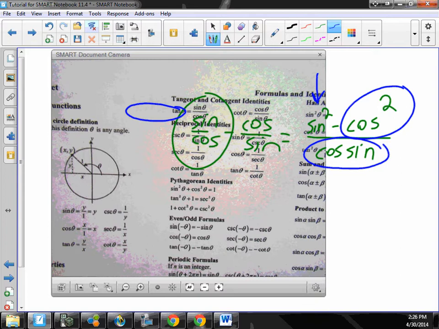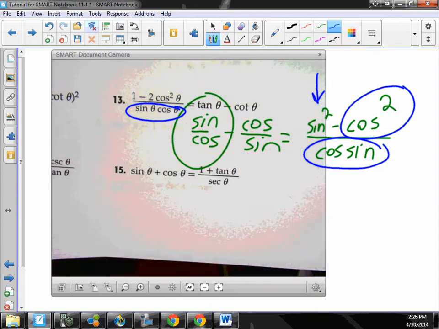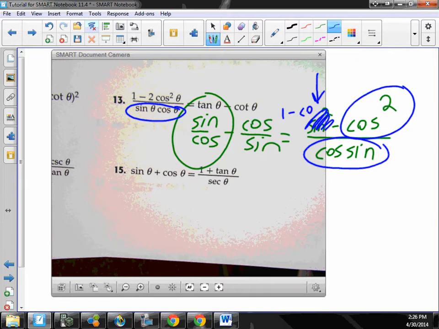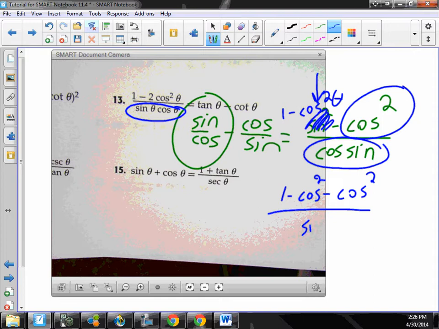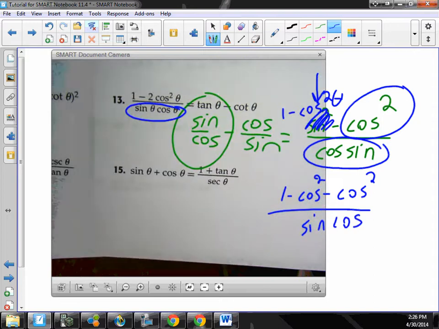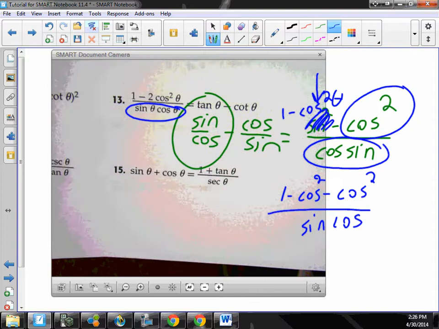So sine squared is 1 minus cosine squared. So I change this to 1 minus cosine squared over sine cosine. Is that what I was looking for? Put the cosines together and just put a 2, and we did it.